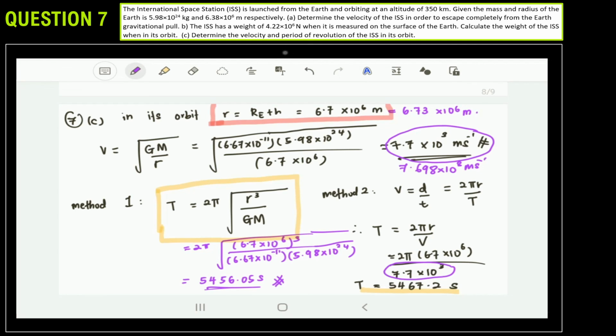So if we use 6.73 here and cube it, divide by 6.67 exponent 11 times 5.98 exponent 24, then take the square root and times 2 pi, we get 5492.74 second.